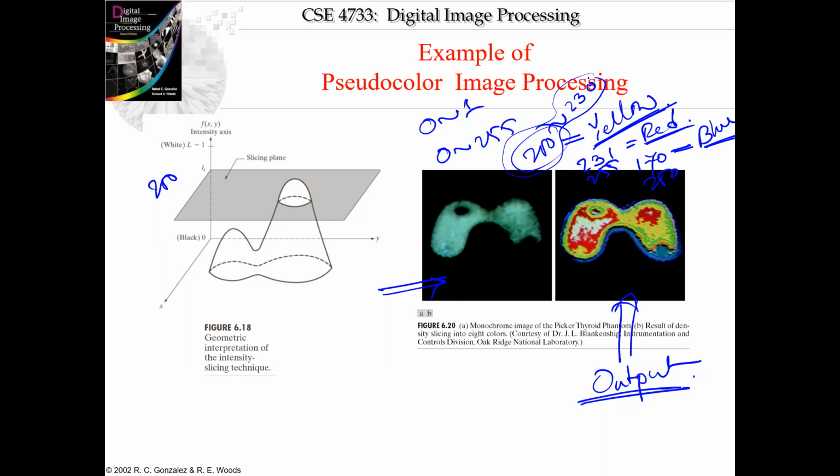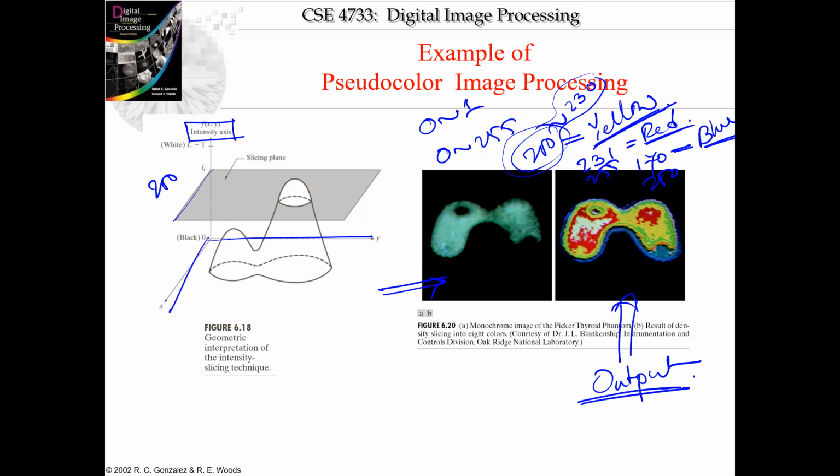Yes, sir. So if you look at this image from the point of view of 3D, you have the X direction, the Y direction, and in the Z direction we simply plot the intensity values. So we may have a contour, a surface map, something like this.